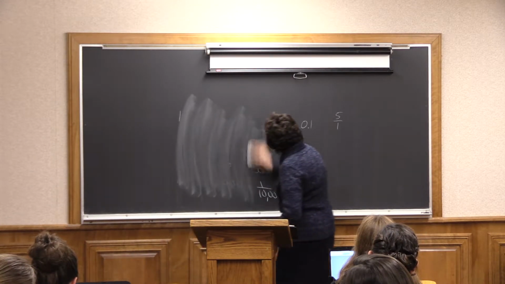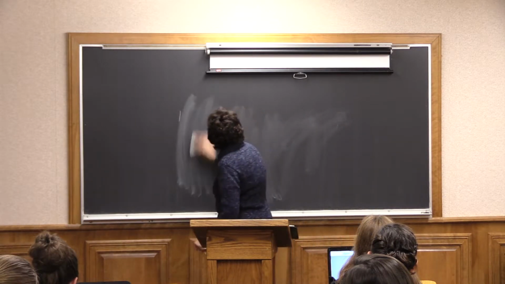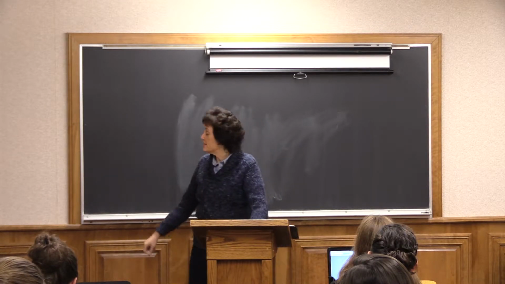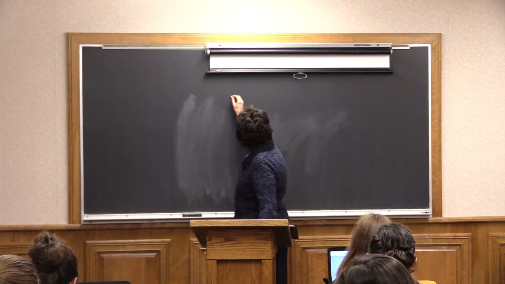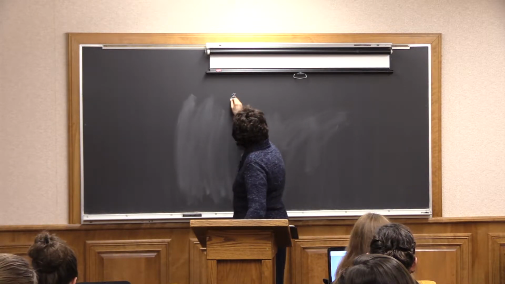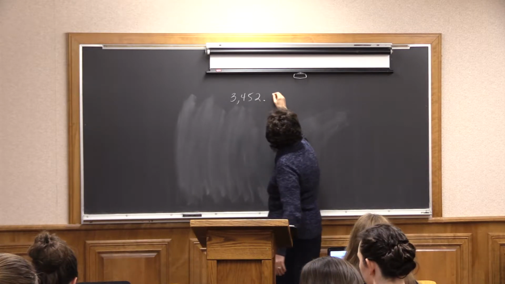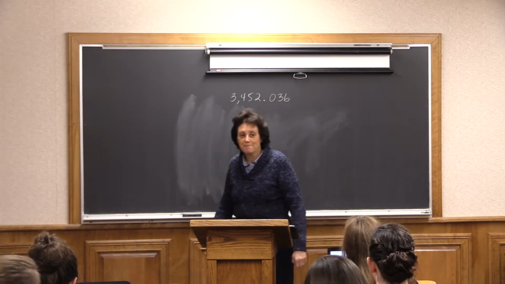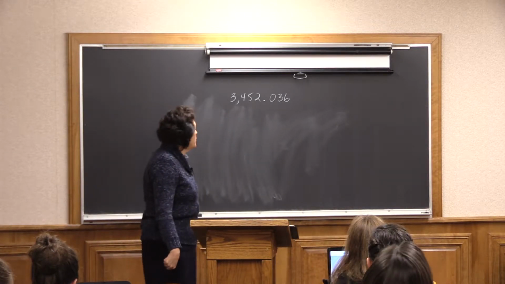We did this a little bit in primary because we were working with basic place value. So we need to make sure that we have our basic place value down. Let's take this number here, 3,452 and 36 thousandths.